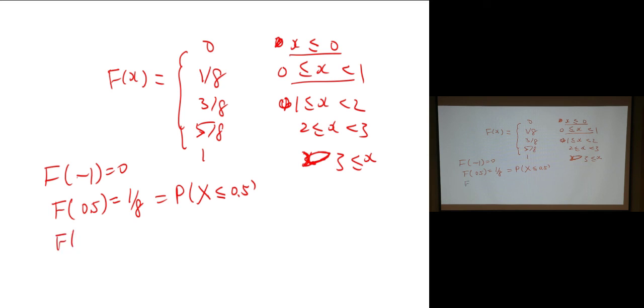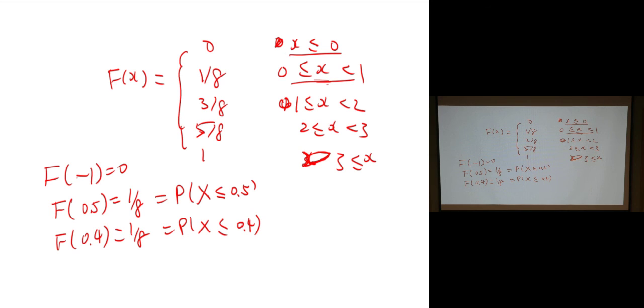Okay, then how about F of 0.4? 1 over 8 also, right? So this is the probability of X less than or equal to 0.4. How come these two probabilities are the same? Because you collect all the probability until you reach 0.4, and what you collect is only 1/8. Then you move to 0.5, and you still did not collect any probability.